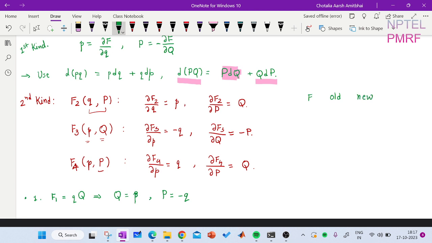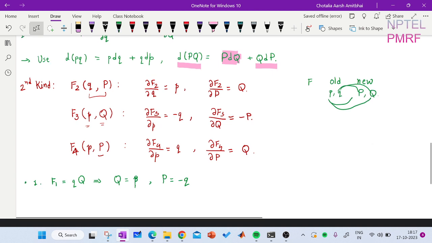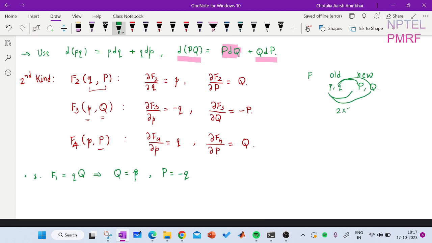So the old could be small p or small q, the new one could be P or Q. So you have 2 times 2 combinations, and that's why we are getting four kinds of generating functions. Okay, four kinds.